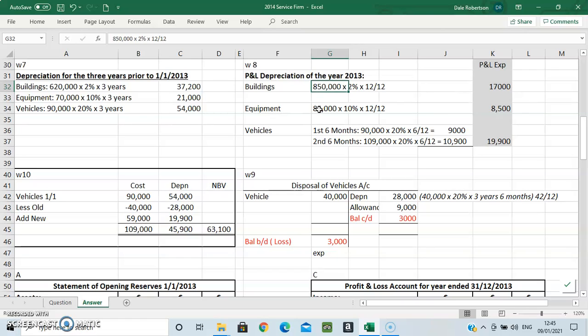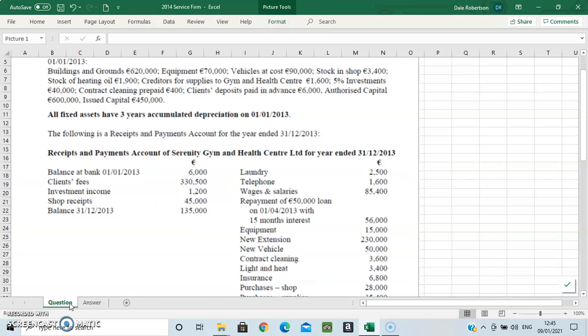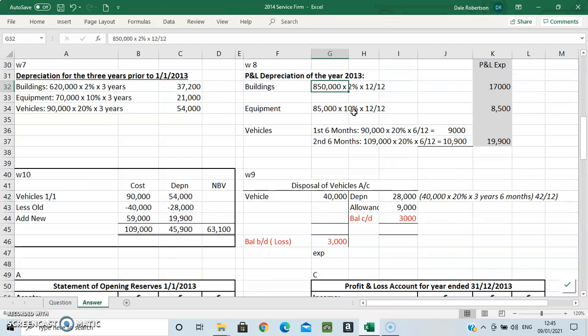How did we get this equipment of 85? Well, the equipment at the start was 70, and then you have a purchase of equipment of 15, so that brings that up to 85. And you go 85,000 by 10%, and that of course is 8,500. These are expenses, and you would add these to the accumulated depreciation at the end of the year to get your balance sheet figure.